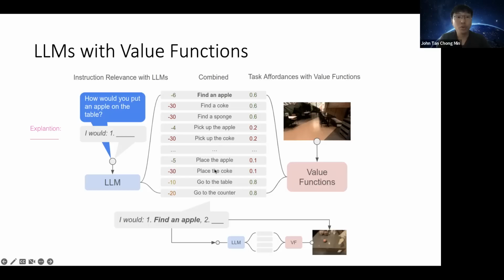What you do is you put "find an apple" as the output prompt itself, and then you calculate the probability of predicting the word "find", which is maybe 0.1, the probability of predicting the word "an", which is maybe 0.2, and "apple" maybe 0.1. You just take the log probabilities and add them up.